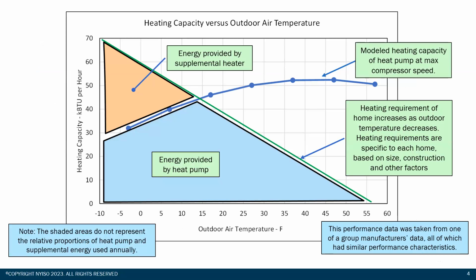The diagonal line, starting high at the left and then decreasing, shows that as the temperature gets colder, your heating requirements, say for a single family home, are increasing up to about 70,000 BTUs per hour.